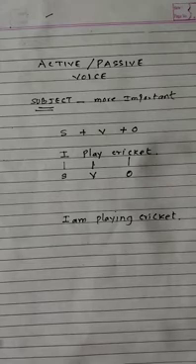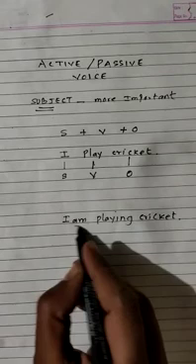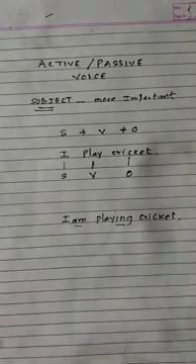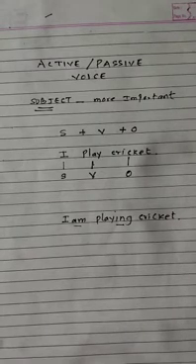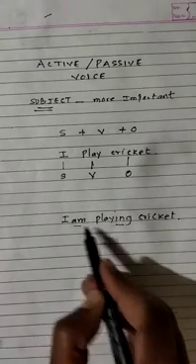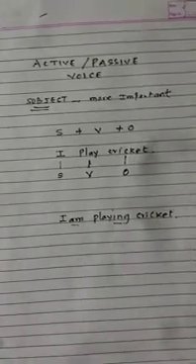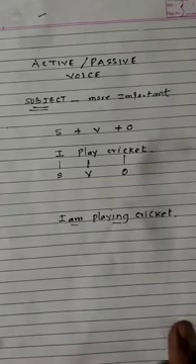See the tense in this sentence. It is present continuous tense. Why? Because am and an ing form of verb, playing. We know that in present continuous tense we use am, is, are and an ing form of verb. So I am playing cricket is in present continuous tense.